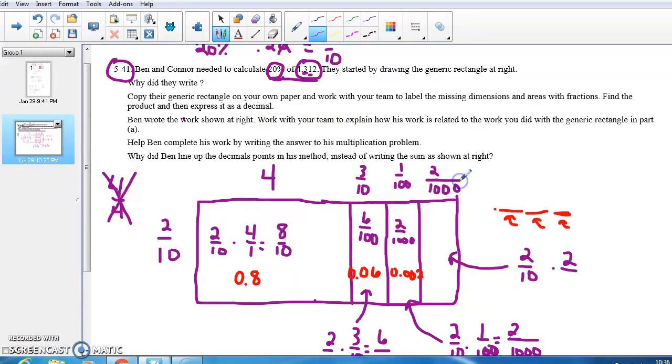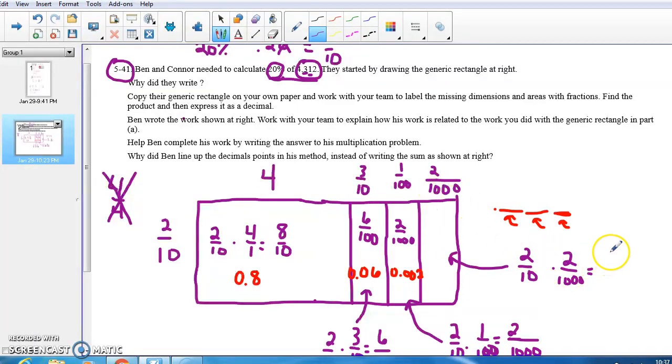So I apologize for that. So I have 2/10, which is the height, times the base, which is 2 1,000ths. I think I might have said it right, but I wrote it wrong, so I apologize for that. Make sure you go back and write it correctly.